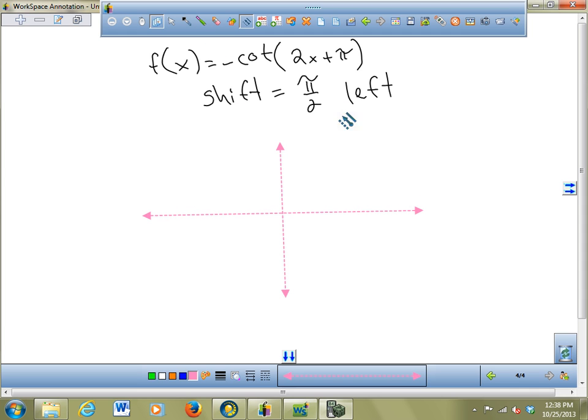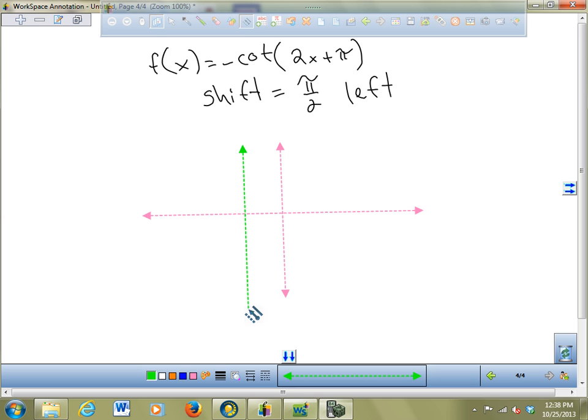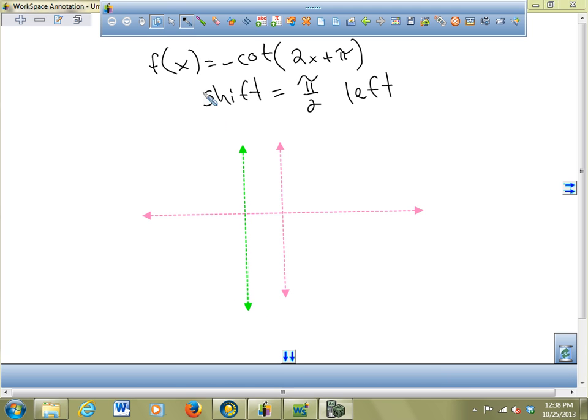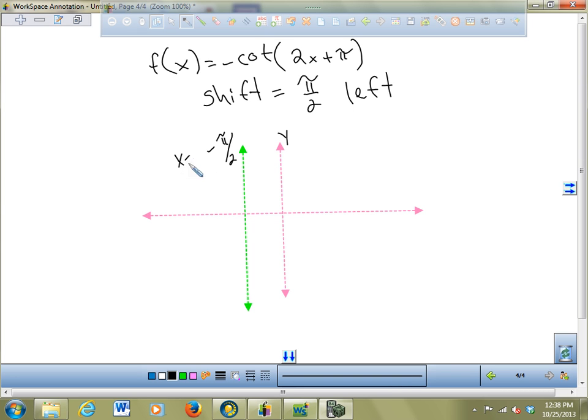So normally its asymptotes would start here, right? But instead of that, my first asymptote is going to start here at negative pi over 2, because normally the asymptote would be at x equals 0. So this is x equals negative pi over 2.